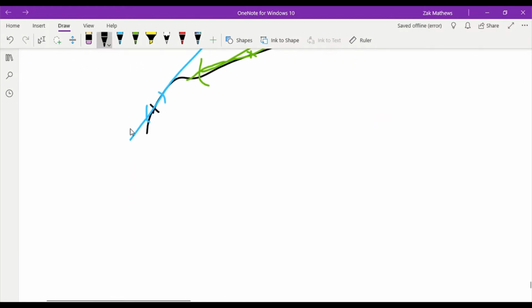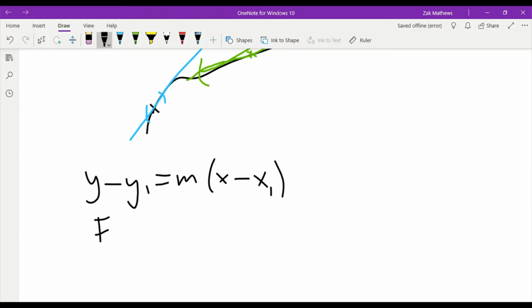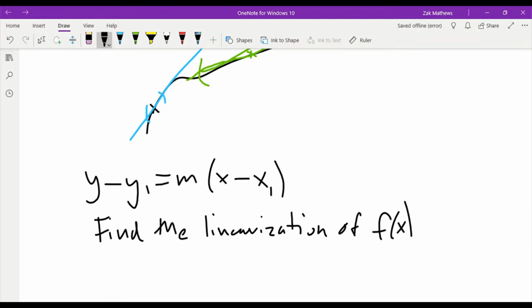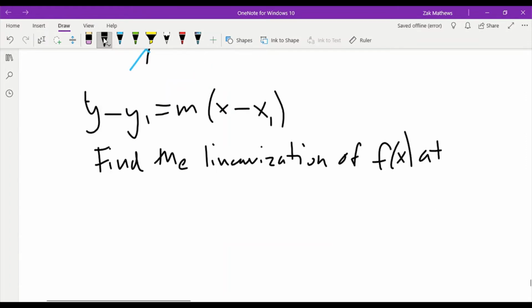So if we think about how to create the line, we know that the easiest way to do that is using point-slope form of the line: y minus y1 equals m times (x minus x1). We want to find the linearization of f(x) at the point where x is equal to some constant value c.